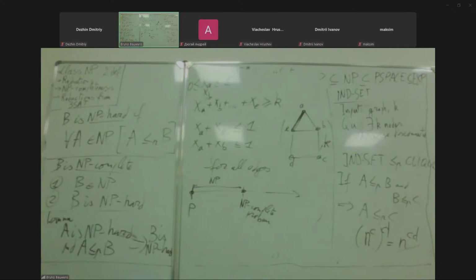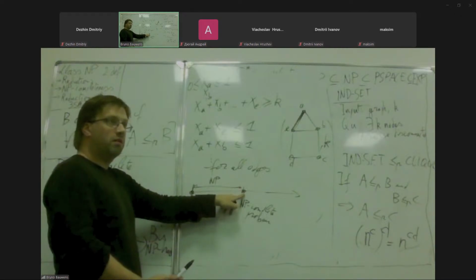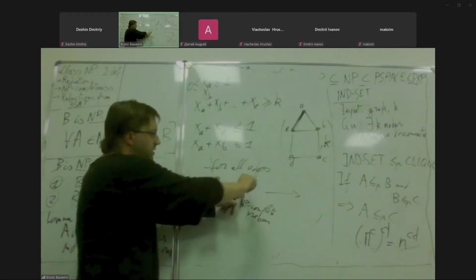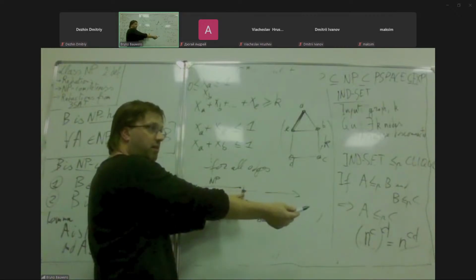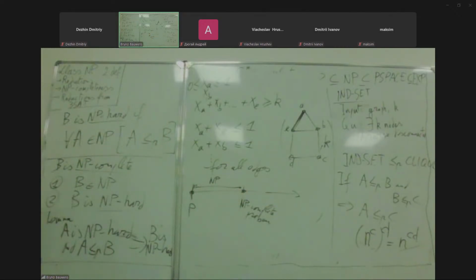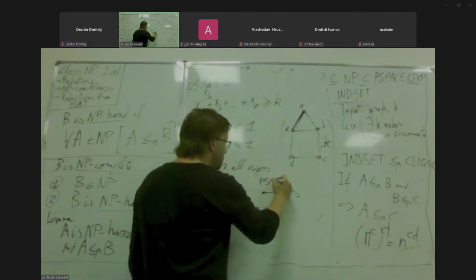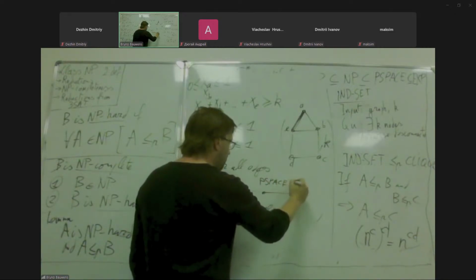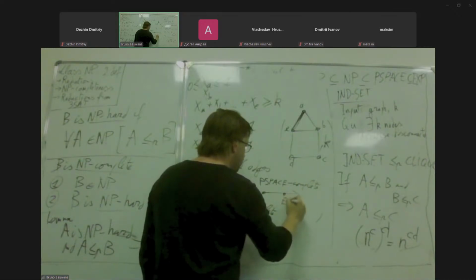But for now, the idea is that if we prove that A is at this point, and we prove that B is harder, so at the right of this point, then B is also NP-hard. That's our plan. And after NP-complete comes NP-hard. We can also define PSPACE-complete and EXPTIME-complete.